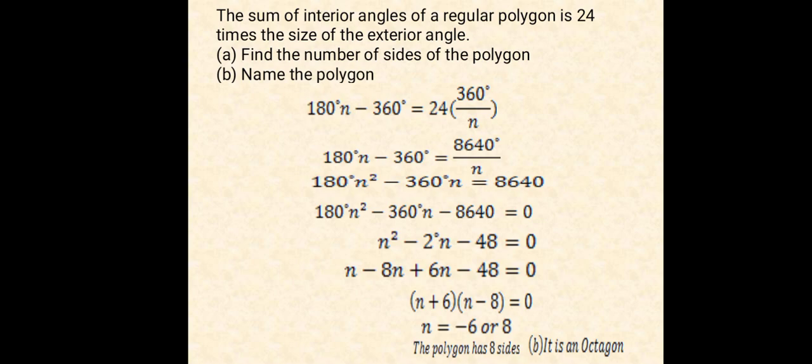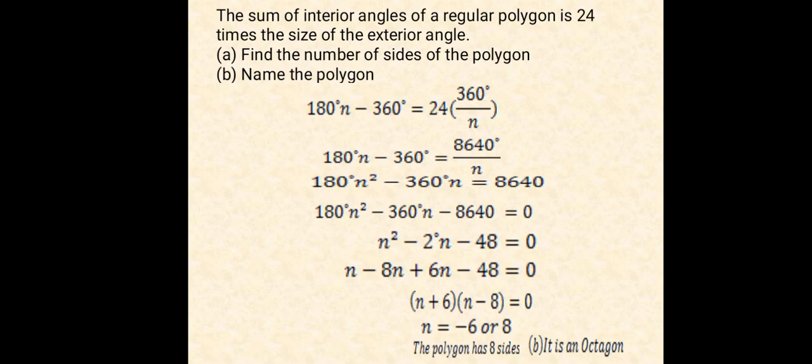But we have been told that this is 24 times one exterior angle, and one exterior angle will be 360 divided by n. Having that equation, we solve for n, and we find that n is either negative 6 or 8. But since the number of sides of a polygon cannot be negative, the answer is 8.